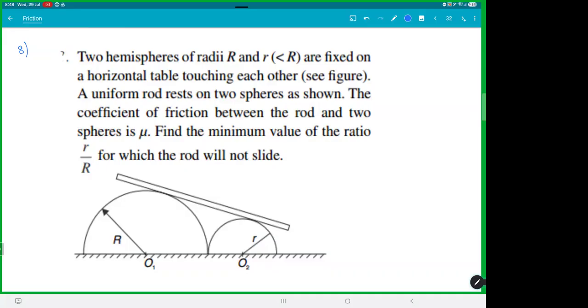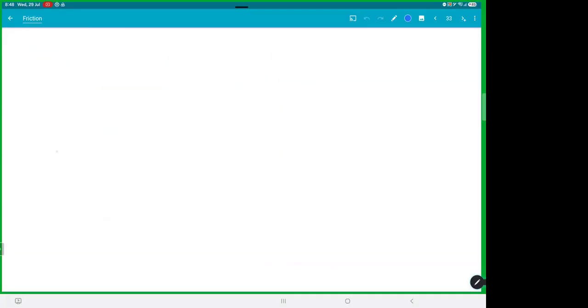That's how you always start. So remember, this rod will make a tangent.